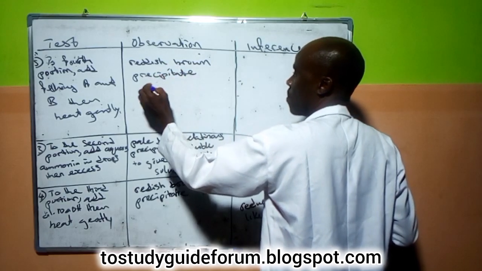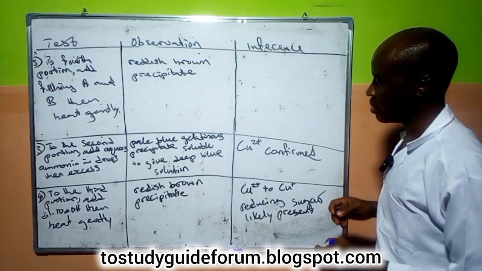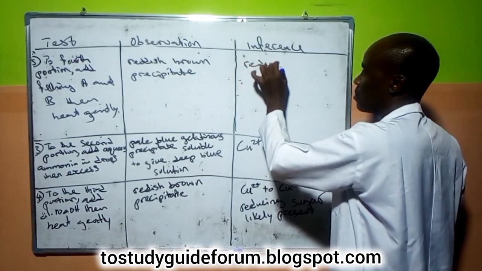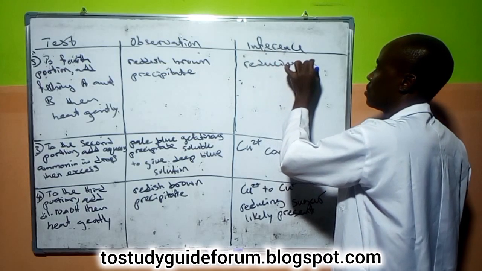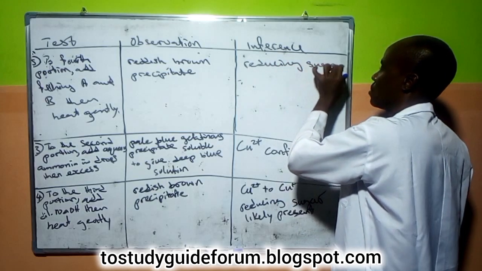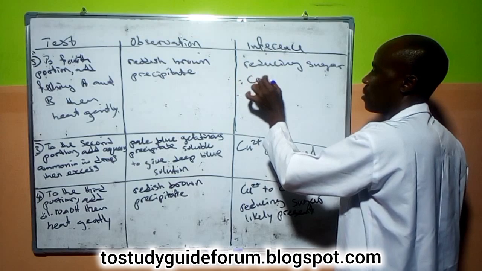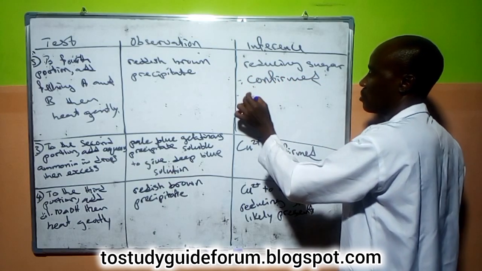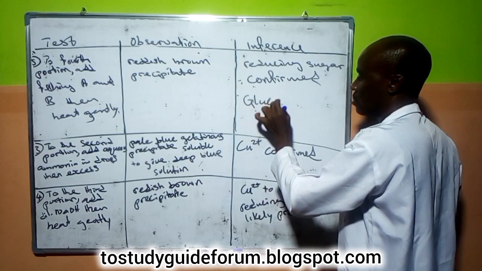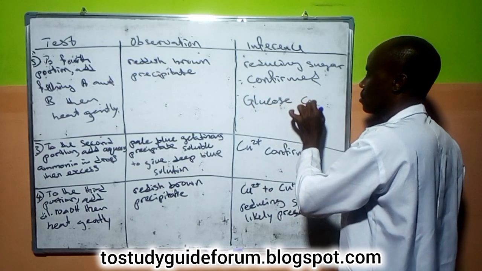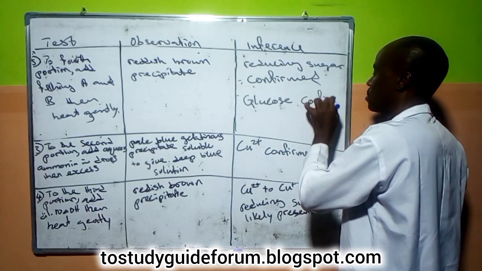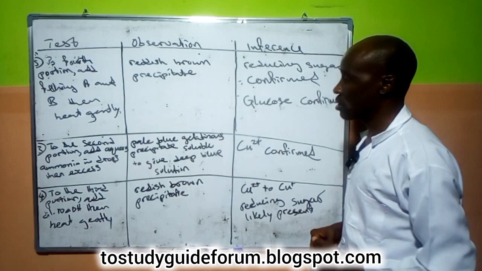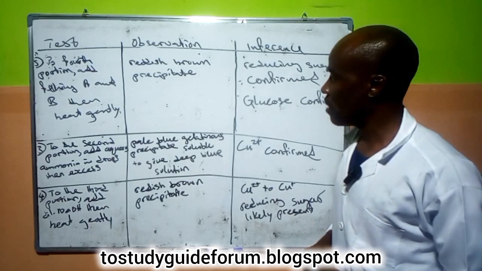So what this is telling us is that we have reducing sugar, confirmed. Or you can also say glucose, because glucose is the commonest reducing sugar that is readily available.